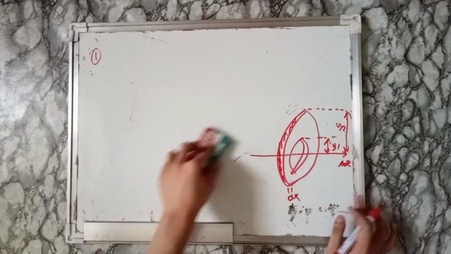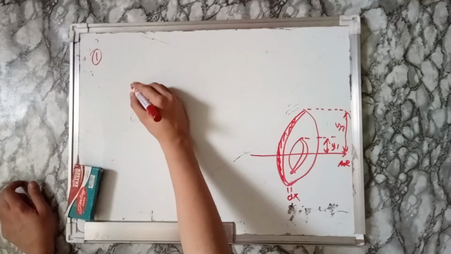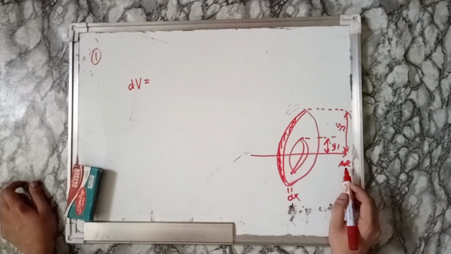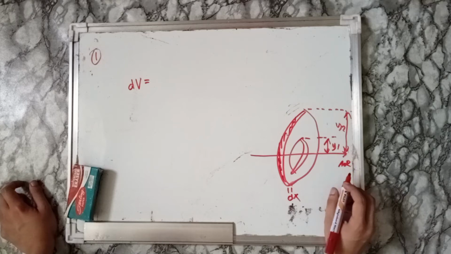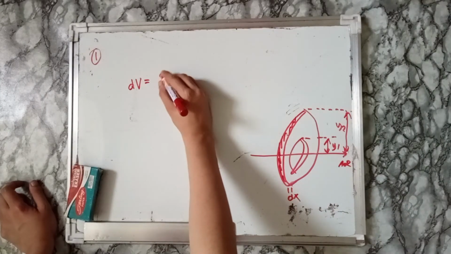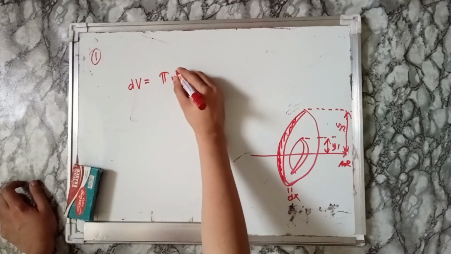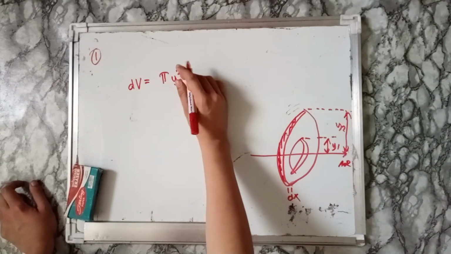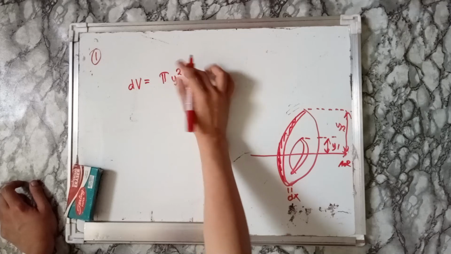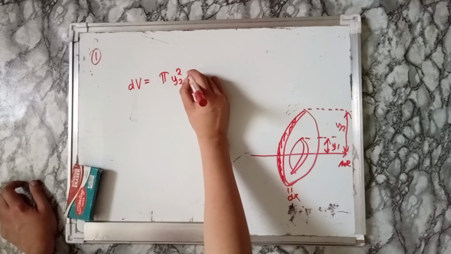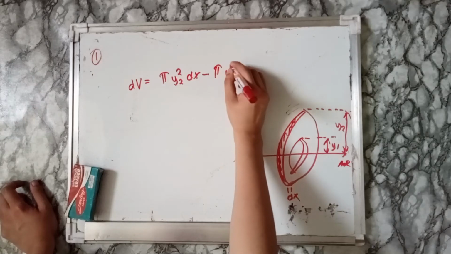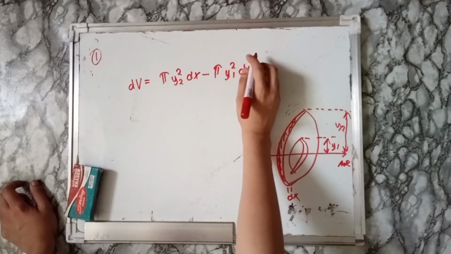Now, if we solve for our differential volume, this is just pi y2 squared dx minus pi y sub 1 squared dx.